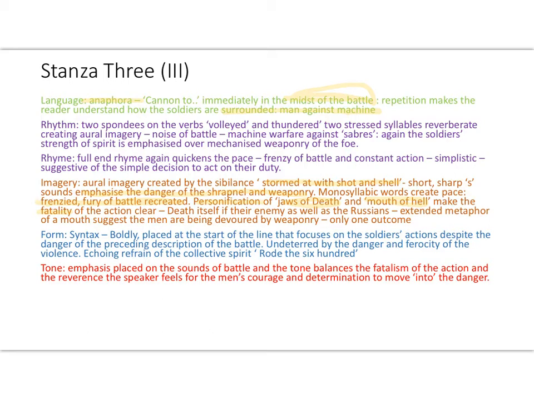So what you have here are words linked to a semantic field associated with death and hell and shot. All of these words allowing you to understand that death surrounds these men. The extended metaphor of the mouth suggests that men are being devoured by battle, devoured by the weaponry, and there's only ever going to be one outcome, and you know that's not a good one.